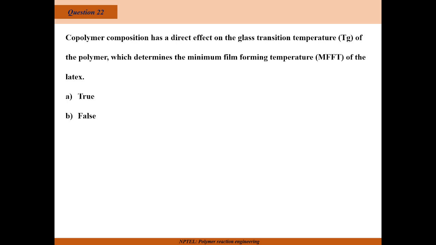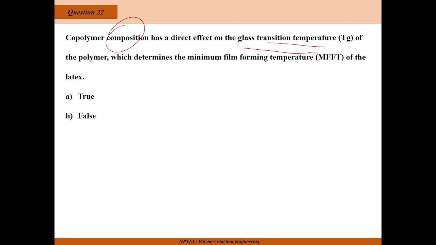But composition-wise, I was thinking about what way the composition matters. Oh, polymer composition. Definitely the composition can affect the transition temperature, right? The kind of polymers that are added into the system will affect the glass transition temperature.